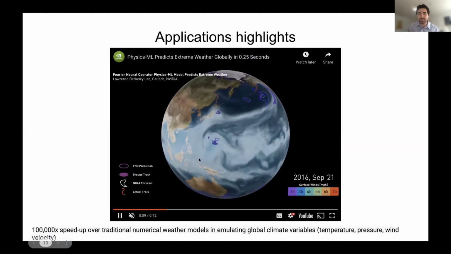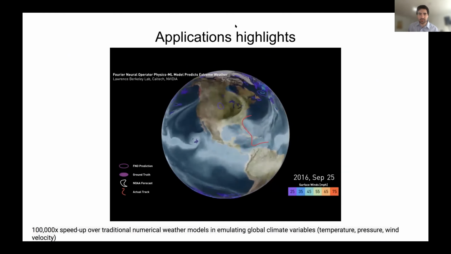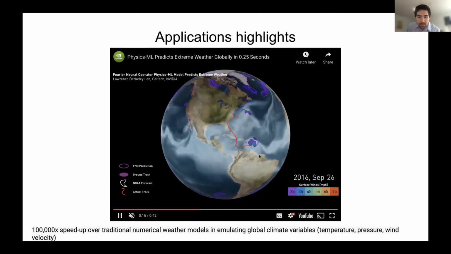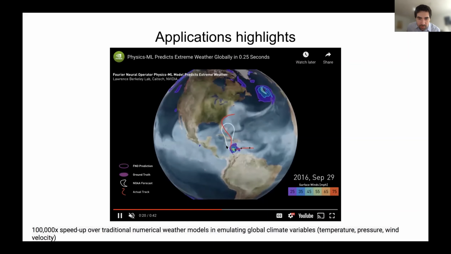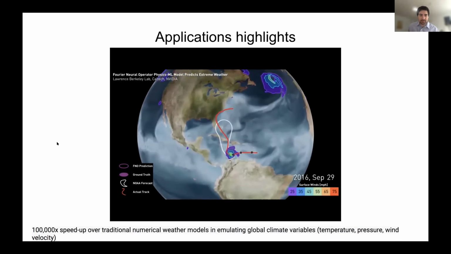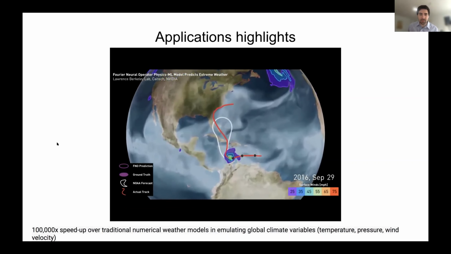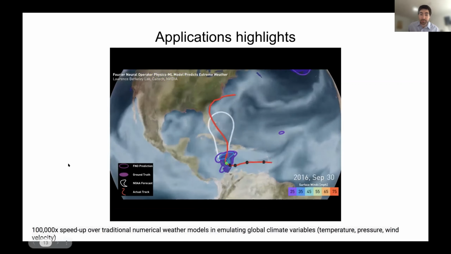They have here, you'll see as the globe kind of swings around, it'll compare it to the NOAA forecast. We see their simulation is in the purple kind of contours, and the forecast that the government agency otherwise uses is in the white cone, and they end up getting pretty good.